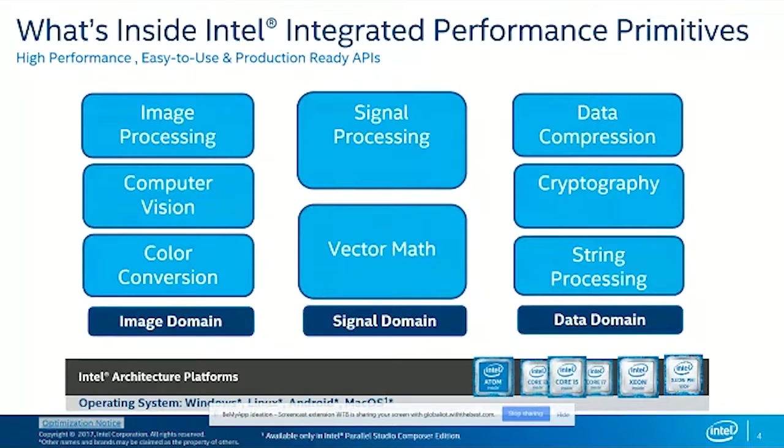These APIs are very simple and easy to use and can run on different processors, whether you are working on an Atom embedded processor, on the server side, or on the client core side. All of these APIs support these primitives.